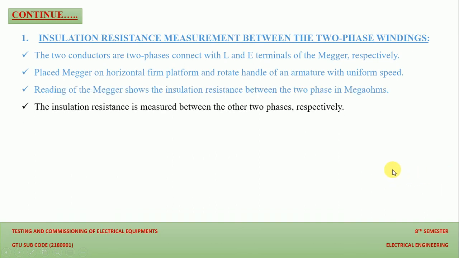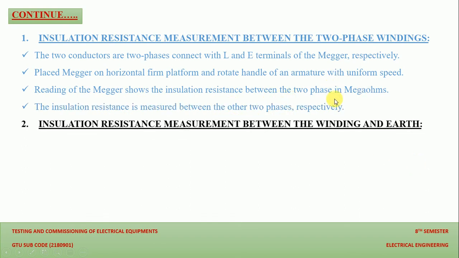It must be in megaohms, otherwise there might be a short circuit between the two phases. The insulation resistance is measured between the phases one by one, between two wires and one conductor, and between each conductor. It can be measured between the other two phases respectively.